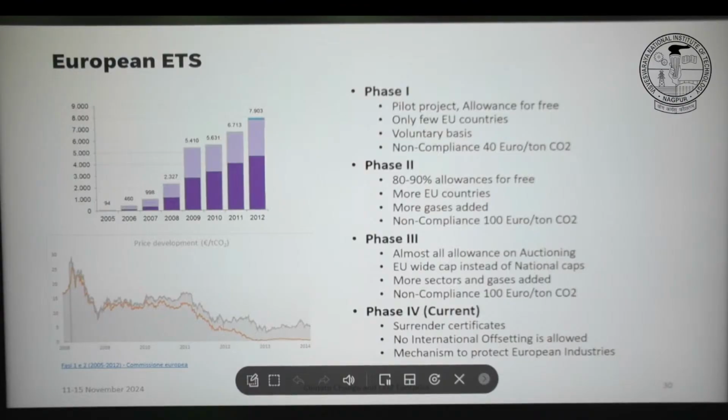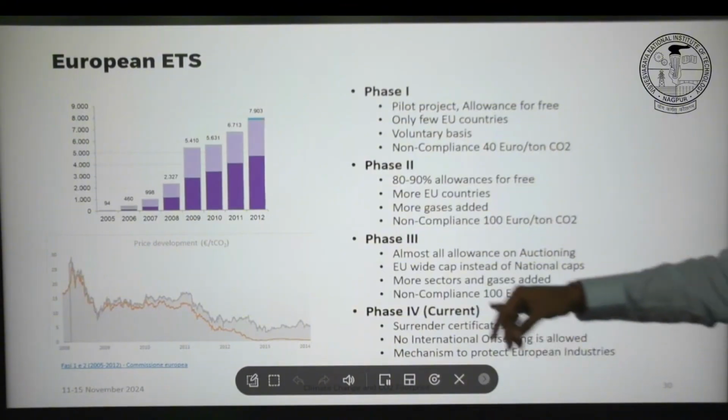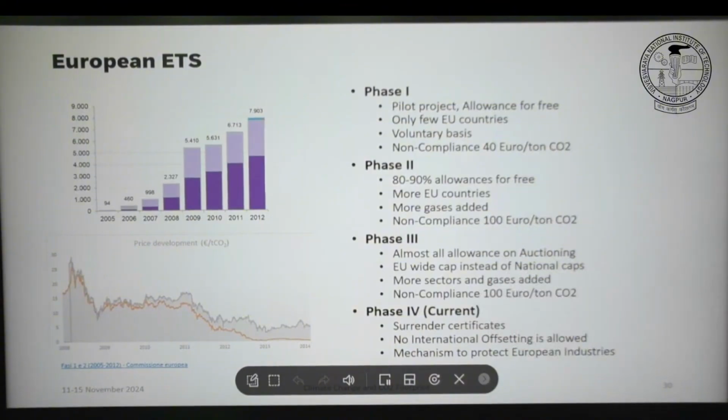So that's basically the European ETS we talked about in phase 1, phase 2, phase 3. That was from 2005 to 2010, 2014, and we already entered the fourth. And now EU is asking all the companies, the groups, to surrender their certificates which they earlier issued to them. We talked about this many times. No international offsetting is allowed anymore.